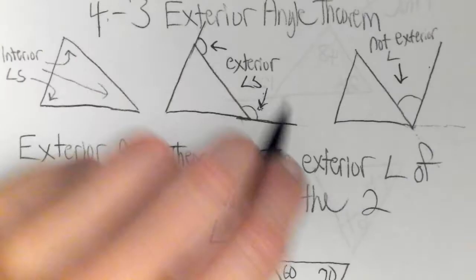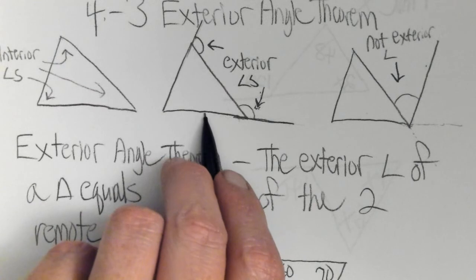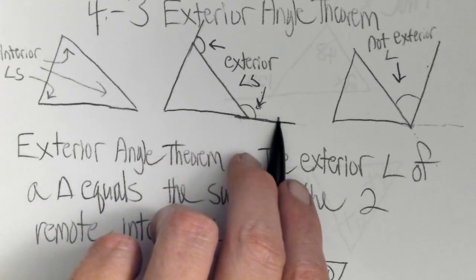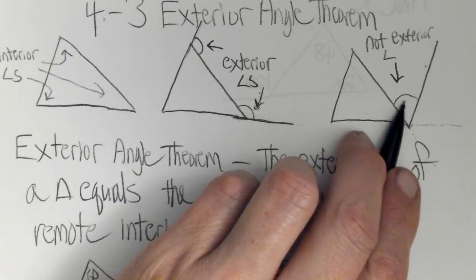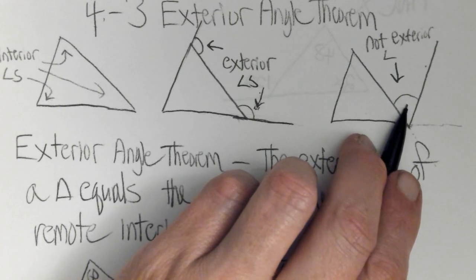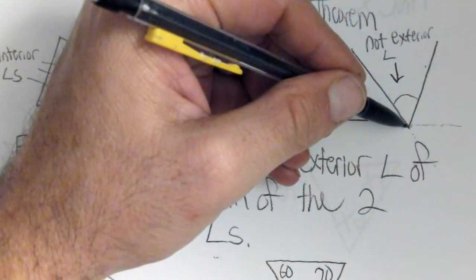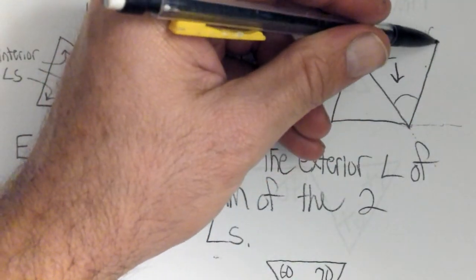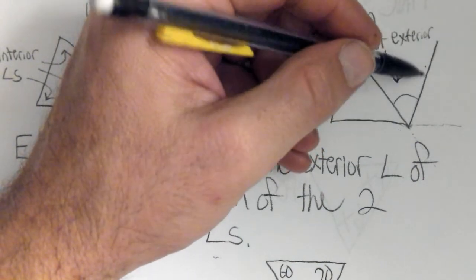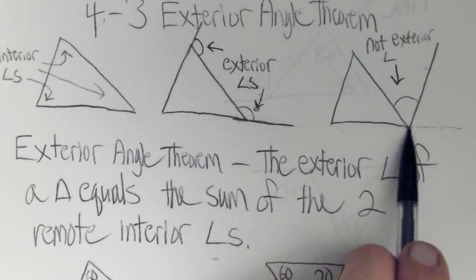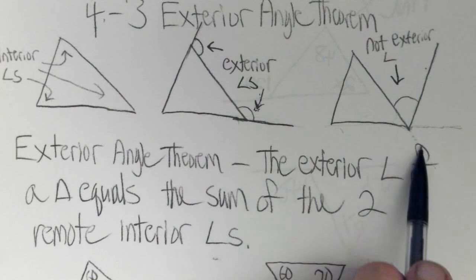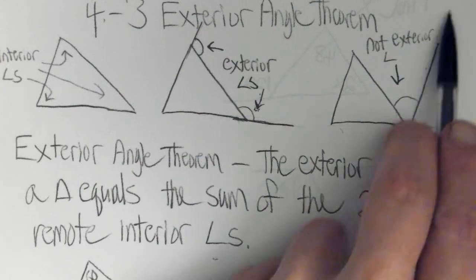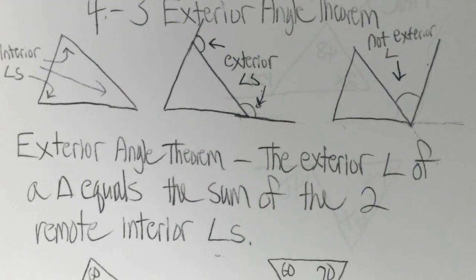Now, make sure that you understand that it's an extended side of the triangle. In this example, this is not an exterior angle of the triangle. Why? Because this is not formed by extending one of the sides of the triangle. I could either extend this side or I could extend this side, but I can't just draw in a new segment there and say that's the exterior angle, because that would only be part of the exterior angle.